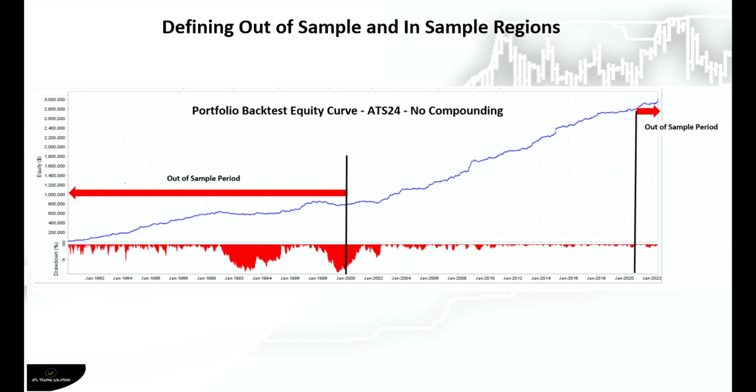And in our workflow process we undertook for this backtest, we therefore have performance results from the 1st of January 1980 to the 31st of December 1999, and the region from the 1st of January 2021 to the 31st of May 2022 to work with as out-of-sample regions.